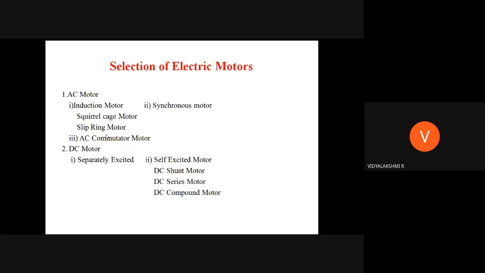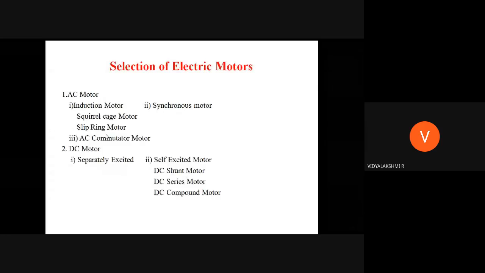So the next one, I have talked about the slip ring induction motor. The slip ring induction motor is expensive compared to the squirrel cage induction motor, but it has the advantage of higher starting torque and low starting current. I have said why I'm moving with the starter and all.